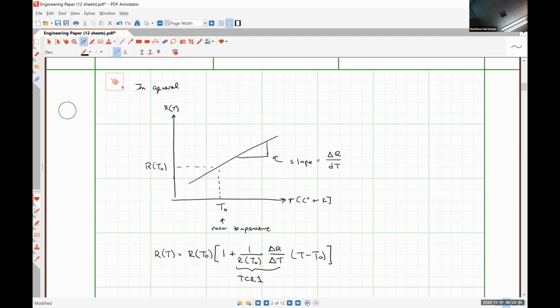So this is how we're going to see resistance change as a function of temperature in our circuits.